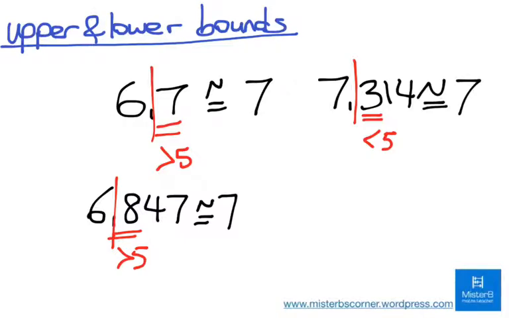So there are numbers, actually infinitely many numbers, that will round up or down to 7. And this applies to any number. It's just an example. So the question is, what is the smallest number that rounds up to 7? Or what is the biggest number that rounds down to 7? Right.